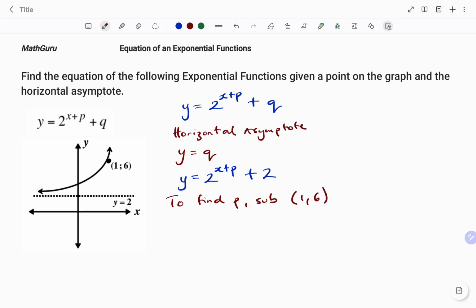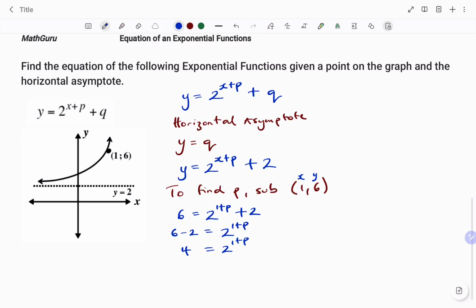So that will be my x value and my y value. So therefore y, 6, equals 2 to the power of x plus p, x is 1, so I have 1 plus p, plus q, which is plus 2. Taking out 2 from both sides, I have 6 minus 2 equals 2 to the power of 1 plus p. I have 4 equals 2 to the power of 1 plus p.